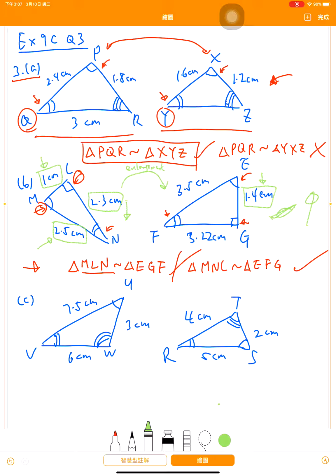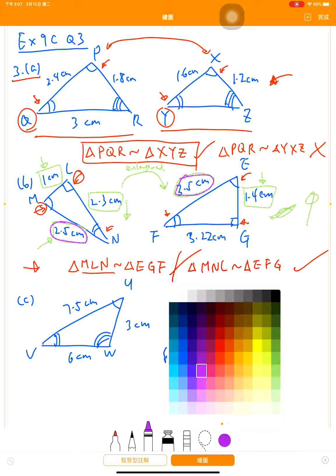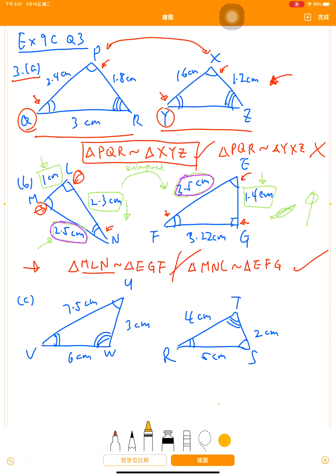And the longest should be 3.5 cm, right? So we know that this one, 3.5 cm, should be corresponding to 2.5 cm. For the middle one, that is the 3.22 cm, should be corresponding to the middle one, that is the 2.3 cm. Understand?